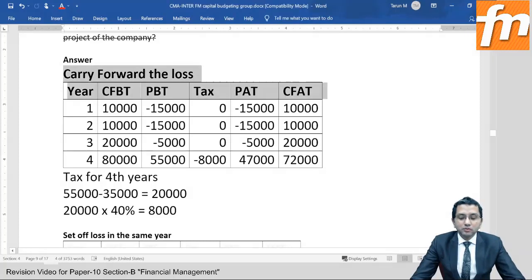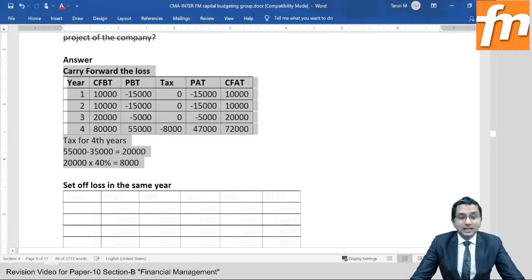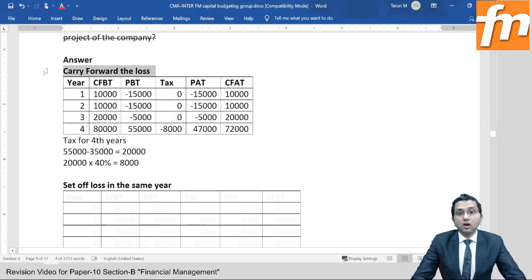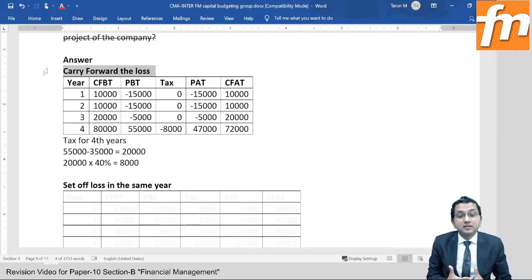So this is how you treat it in case PBT is negative, that is, there is a loss. See, carry forward of the loss is done assuming that this is the only business the company is having. And that's why the loss is there, carry it forward and then set it off.